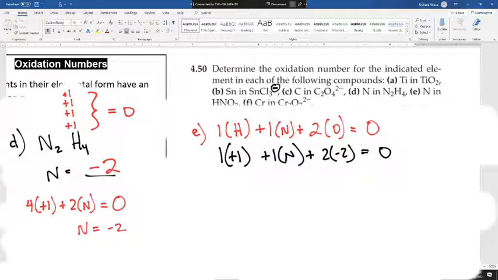Will, have you solved it for nitrogen yet? Not yet, you're still on your way. Vivi, have you gotten into that one yet? Not yet. Have you gotten it yet, Jonathan? It's positive 3. Yes, sir. Good job. Nitrogen is positive 3.